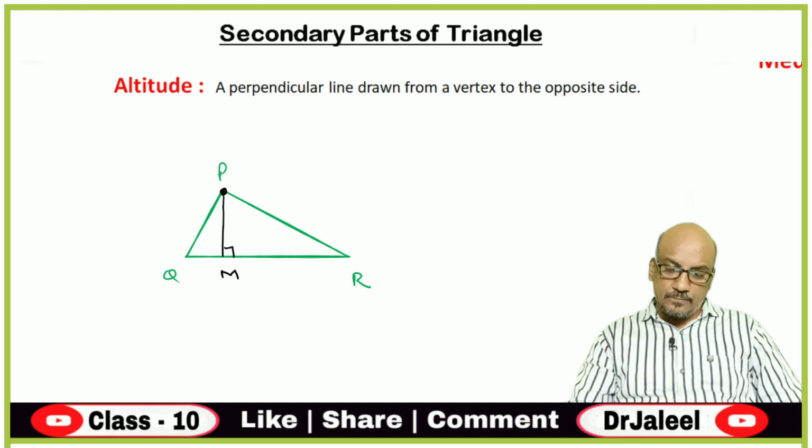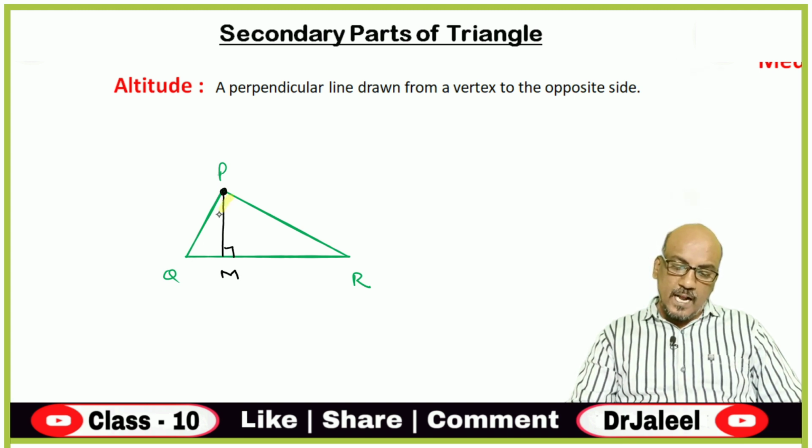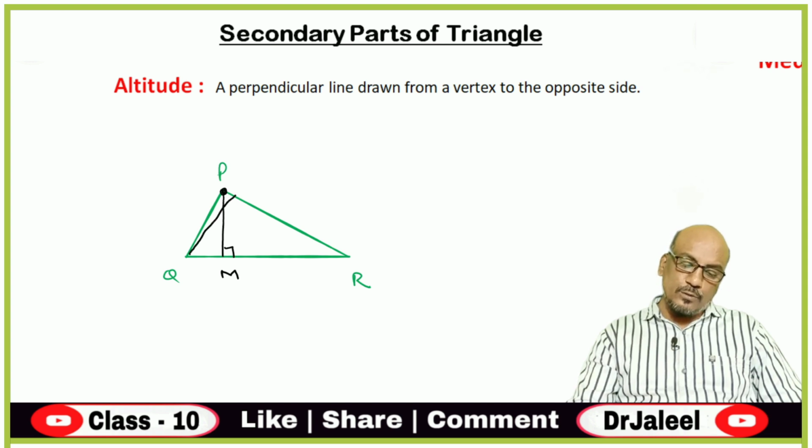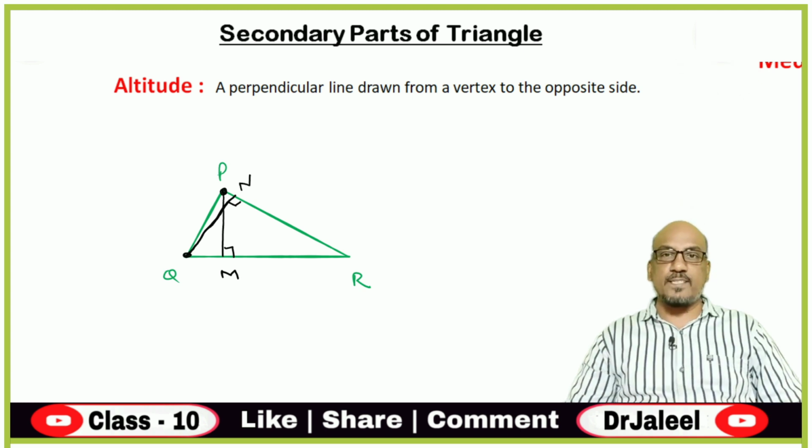So children, here you can even draw another altitude from Q to this PR. Let me take this as N. So what is this? Altitude drawn from Q to the opposite side.